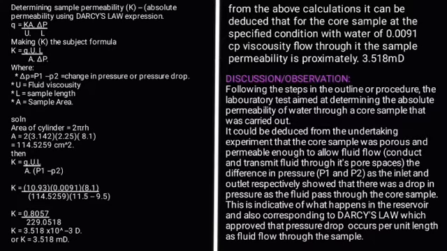The difference in pressure P1 and P2 as the inlet and outlet respectively shows that there was a drop in pressure. This is indicative of what happens in the reservoir and also corresponds to Darcy's law, which approved that pressure drop occurs per unit length as fluid flows through the sample.